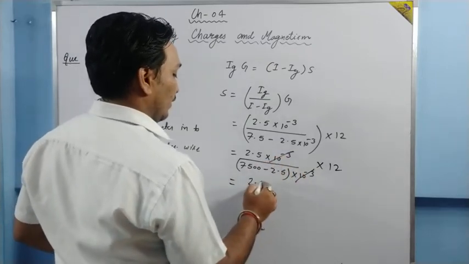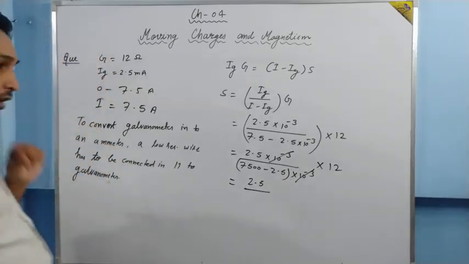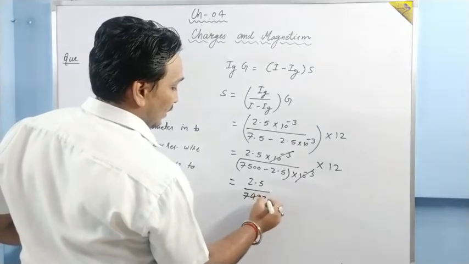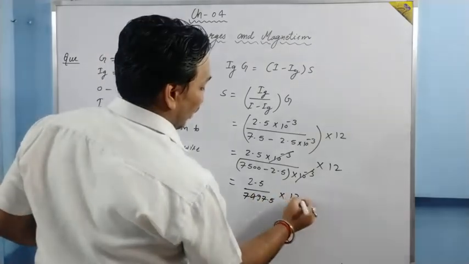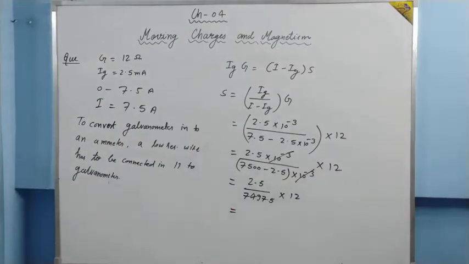Here we are going to have 2.5 upon 7500 minus 2.5, which is 7497.5, into 12. And when we solve it, we are going to have the answer as approximately 4 into 10 to the power minus 3 ohm.